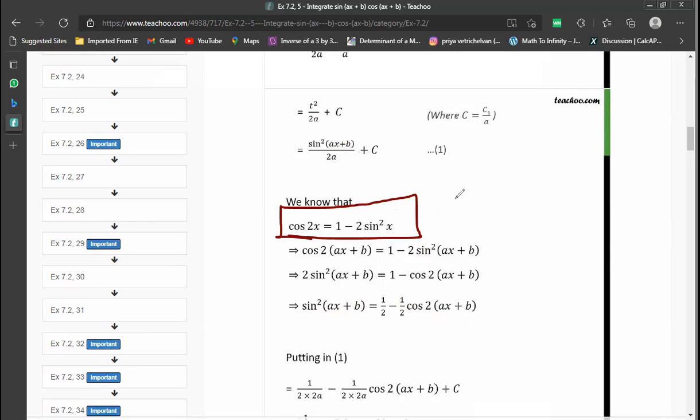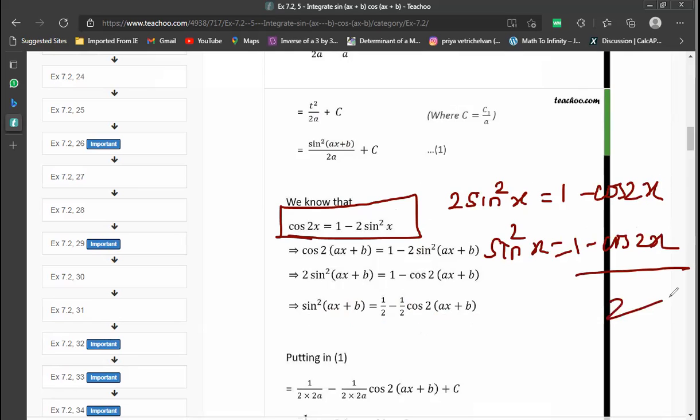So just take this 2 sine square to the other side and change the cos 2x to this side. So sine square x is equal to 1 minus cos 2x whole divided by 2. So just change this sine square as 1 minus cos 2 divided by 2, and x is nothing but ax plus b. Okay. Understood? Yes, ma'am.